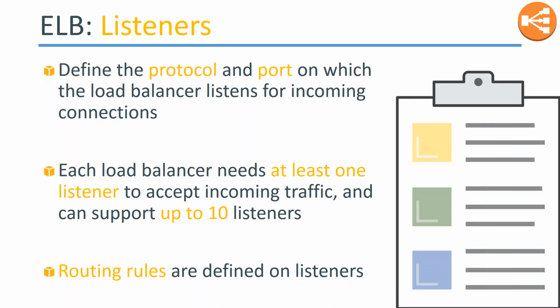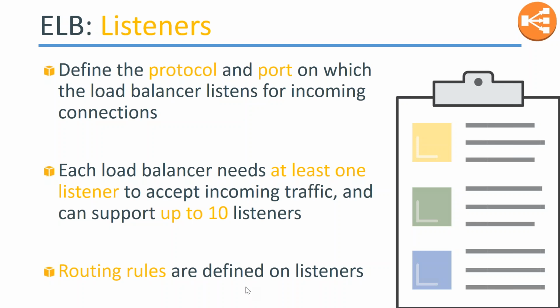Each and every load balancer should have at least one listener, obviously, right? If you're configuring a load balancer, that means you are looking for traffic to be sent to it. So at least one has to be there, and it can have a maximum of up to 10 per load balancer. You can also have multiple load balancers set up to the same servers, so that is also possible to distribute your traffic.